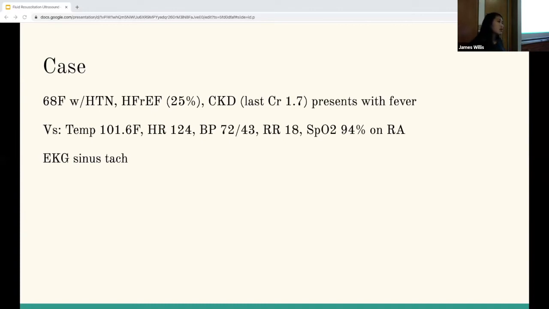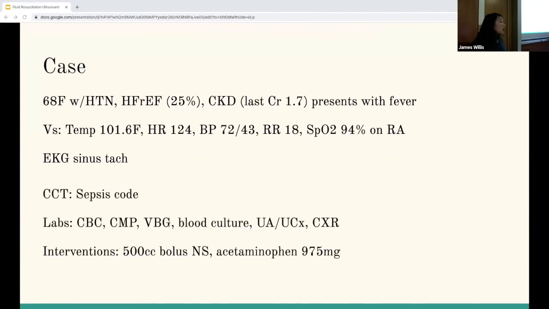This is probably something that's going to be rolled through CCT as a sepsis clearance or a sepsis code. And nowadays, we're going to call the sepsis code, get everyone on board. We're going to draw the labs, put in all these orders. You as CCT senior or junior are going to think, this person has an EF of 25, but she's febrile, she's hypertensive.